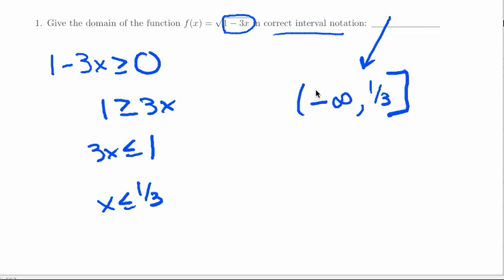Negative infinity is not a number, so you can't include it with a bracket. 1/3 is a number, and that's the endpoint in my domain, and I want it included because this is less than or equal to, so I put a square bracket, and that's that problem.